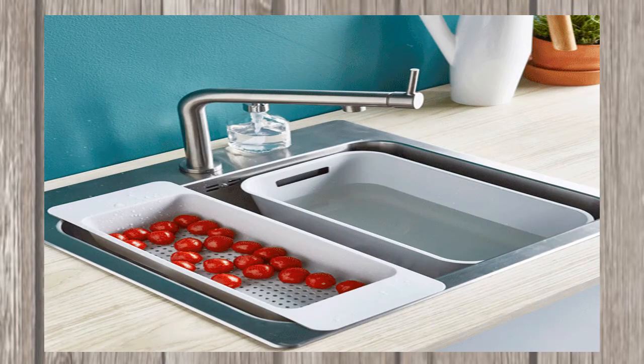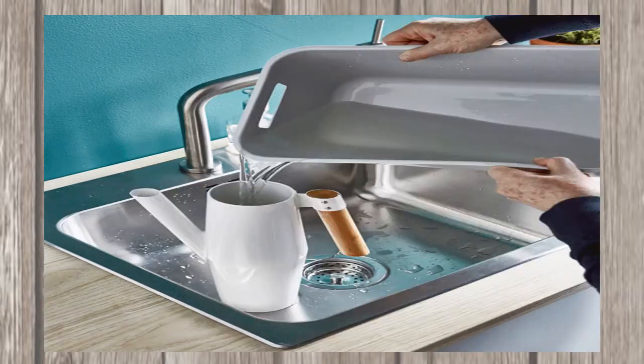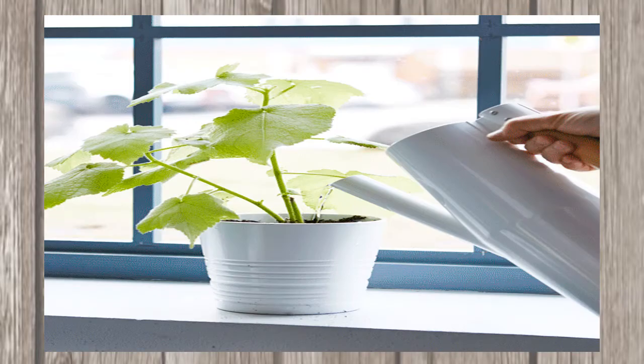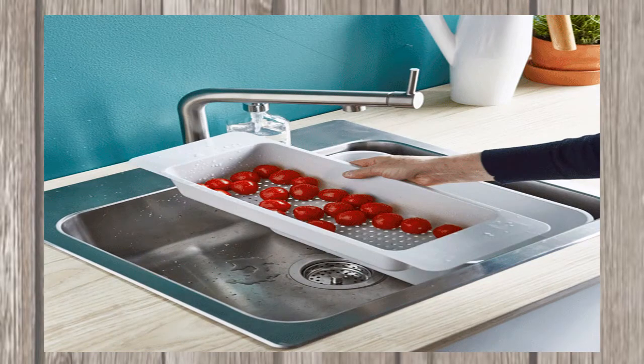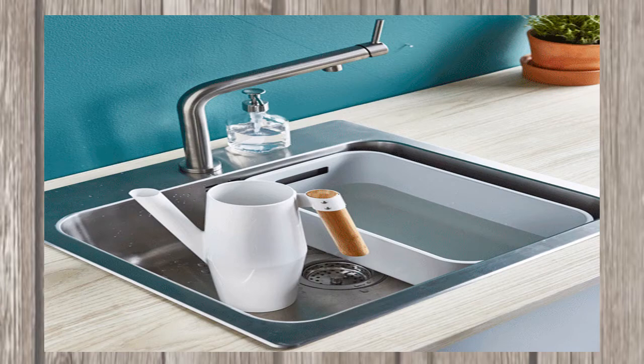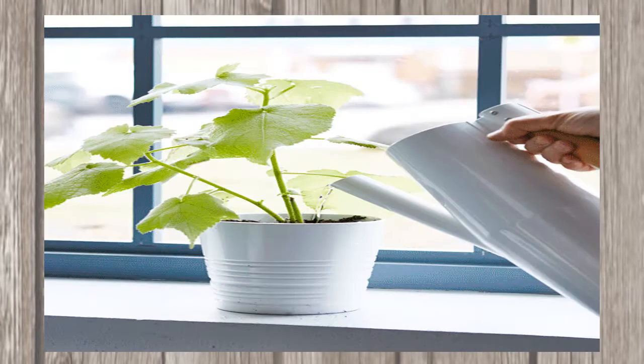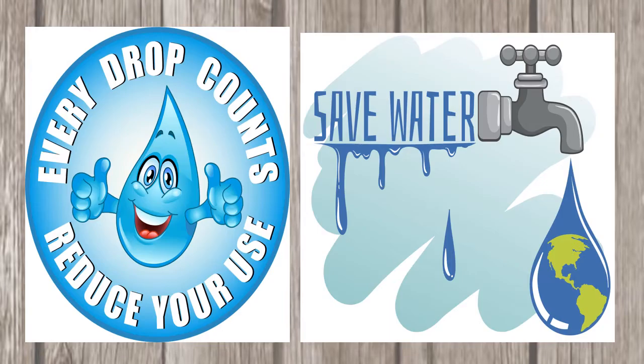Wash vegetables and fruits in a water-filled sink instead of under a running tap, and then reuse it to water the plants. In this way, you can save water. There are many other ways to save water. So children, whenever you are using water, keep in your mind, every drop counts. Reduce your use and save water.